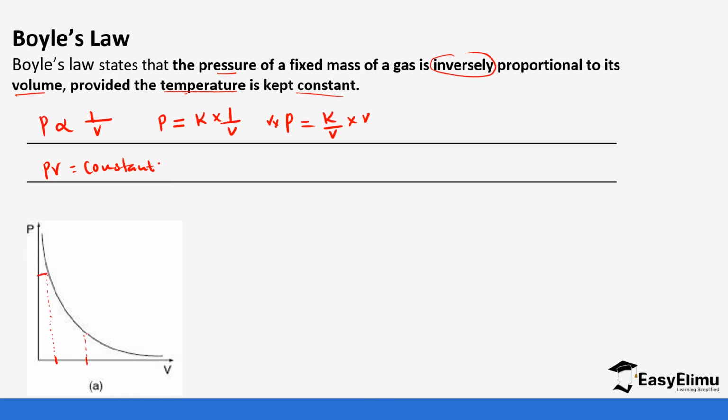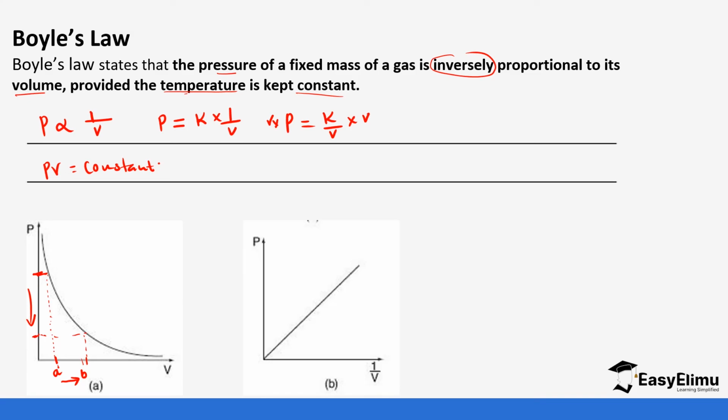You notice as we move from point A to point B, the volume is increasing, but the pressure is decreasing, because point A had a higher pressure and point B had a lower pressure. So it goes opposite. When the pressure increases, the volume decreases. When the pressure decreases, the volume increases.